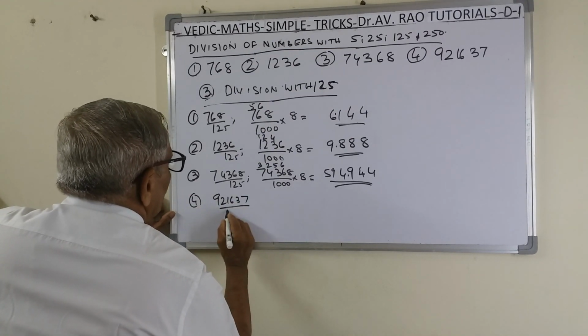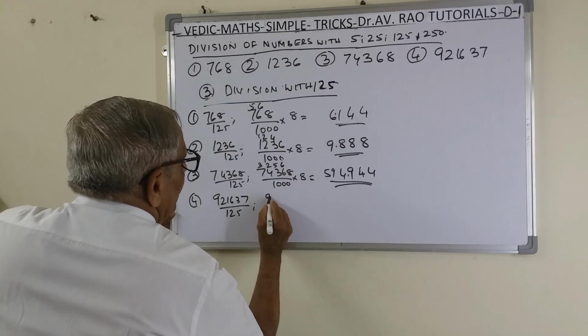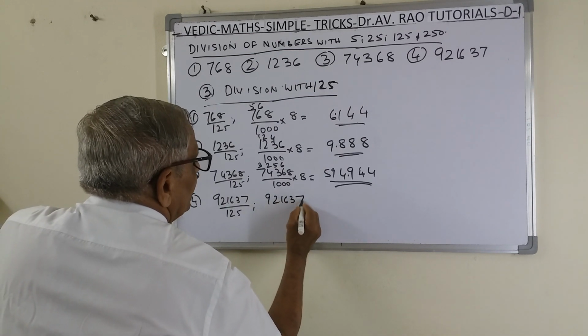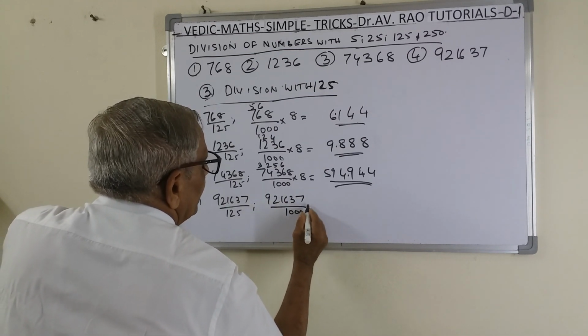Now take up fourth example. 921637 by 125 is 921637 divided by 1000 into 8.